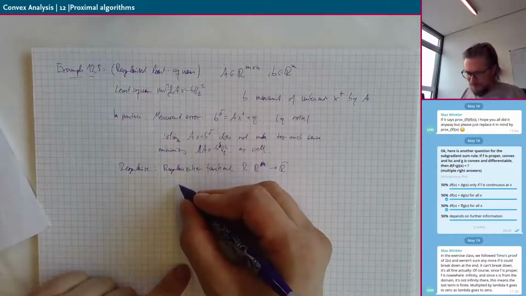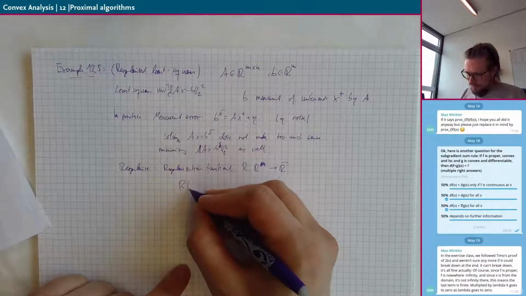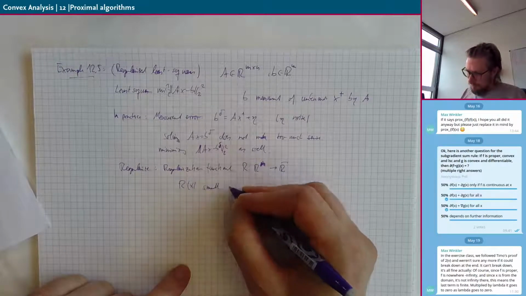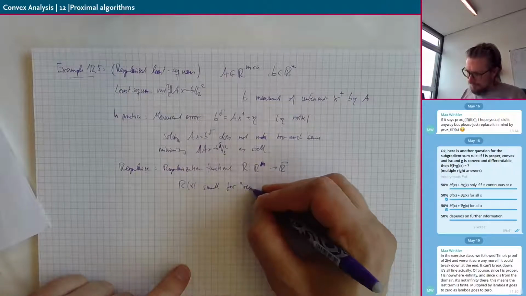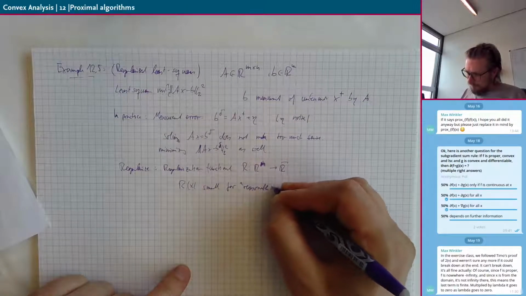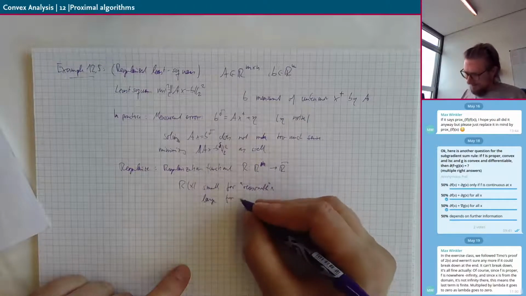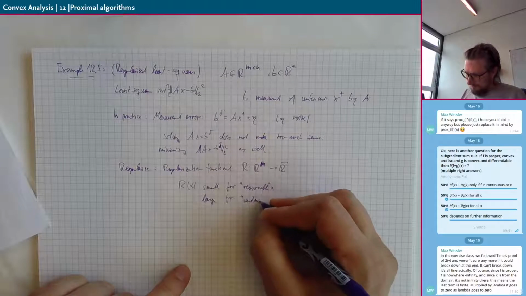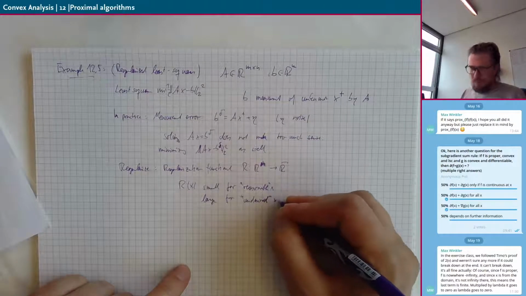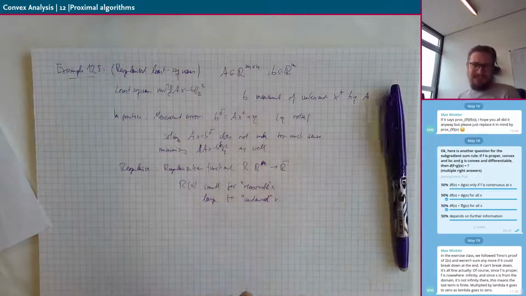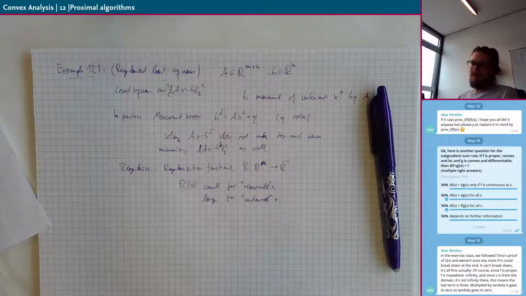The rationale behind this should be that R of x is small for, let's say, reasonable x, and large for, let's call them, undesired or unreasonable x. So you have a means in your space of solutions to assign a value which tells you a priori how good the x is in general, without knowing anything about the system.